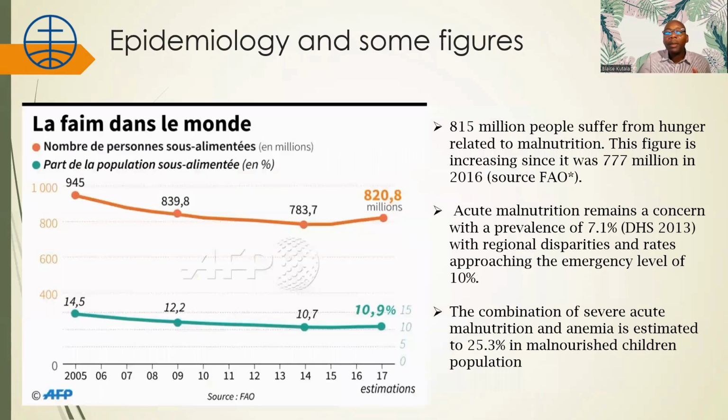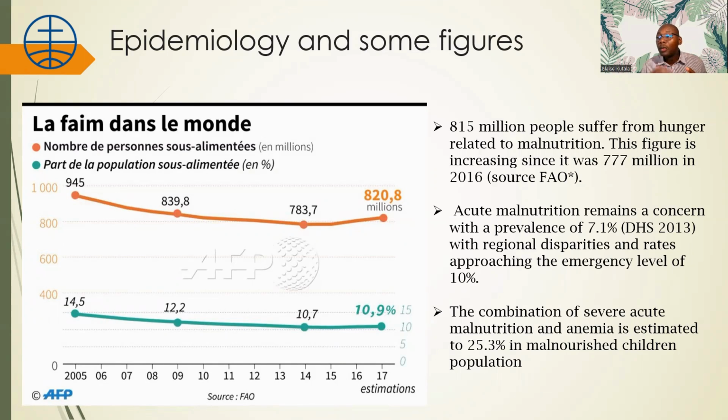Let's talk now about the epidemiology of malnutrition. The epidemiology of malnutrition is not well known because of the conflation of different concepts associated with malnutrition and the disparity of available data. According to the FAO reports, 815 million people suffer from hunger related to malnutrition.